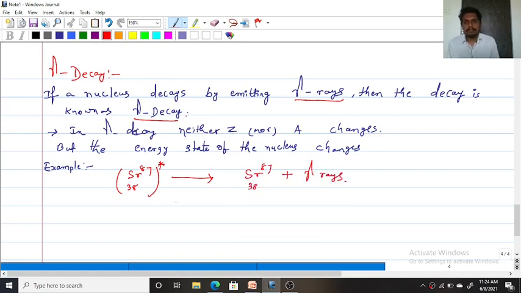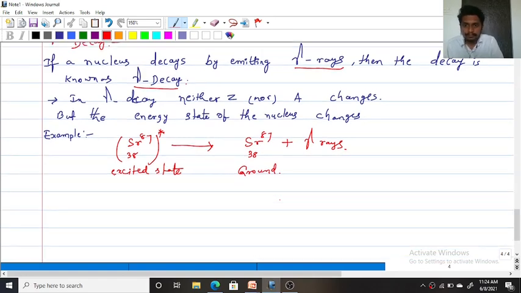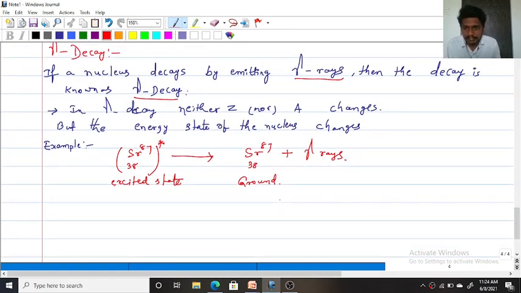So it is said to be in excited state, and now this nucleus is said to be in ground state.